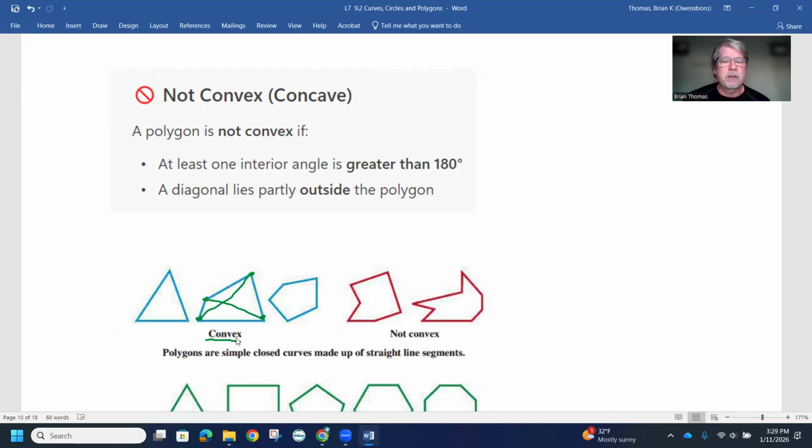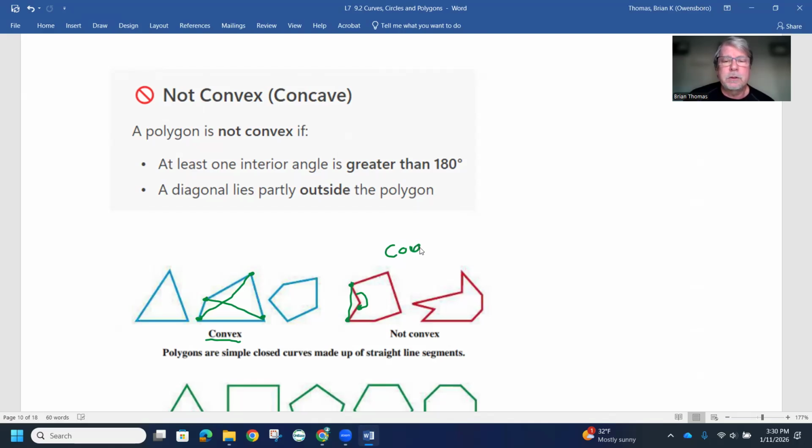These are convex polygons. Notice how, if you look at this here, this angle here is actually more than 180. So this interior angle, if you will, is greater than 180. Also, if I draw a diagonal from here to here, notice this diagonal is not inside the polygon. So when that happens, this is considered a concave polygon.